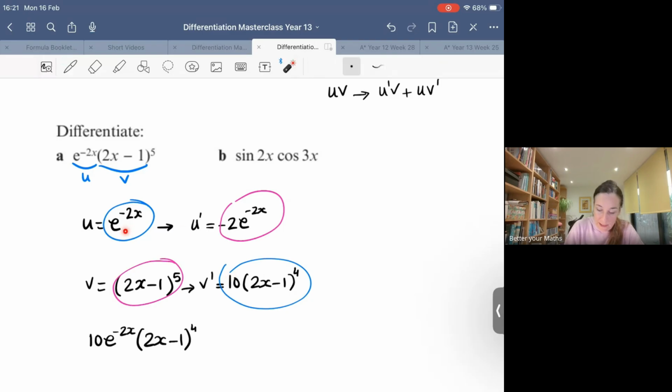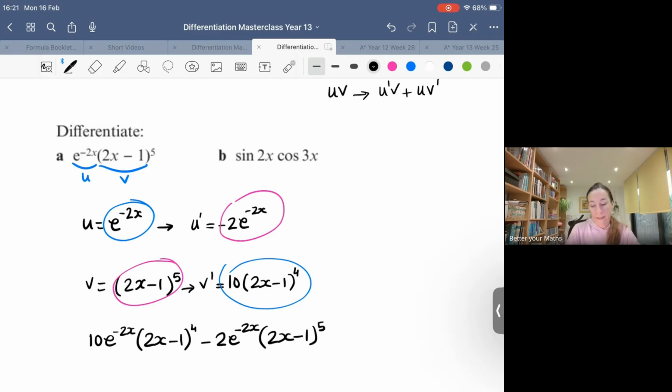So these two together, and then minus, because it's minus 2, minus 2e to the minus 2x brackets 2x minus 1 to the power of 5. Yes, everyone? So you don't even need to write that u is this or v is this. You can just apply the rule straight away if you are confident doing that.